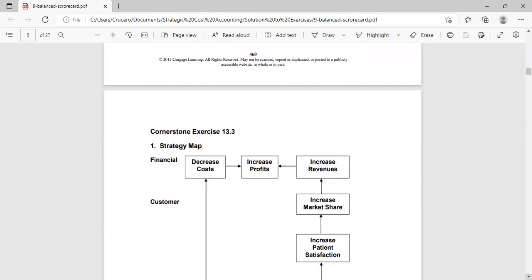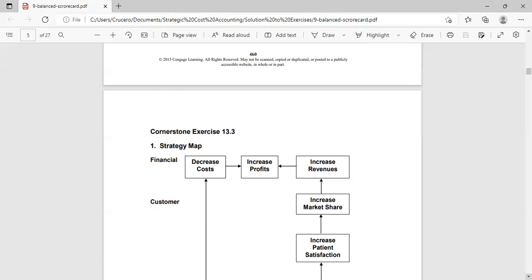Cornerstone 3, strategy map. Harmon Company Community Hospital developed the following series of if-then statements for its balanced scorecard strategy. Now, you are required to prepare a strategy map for Harmon's strategy as described by the series of cause-and-effect relationships.